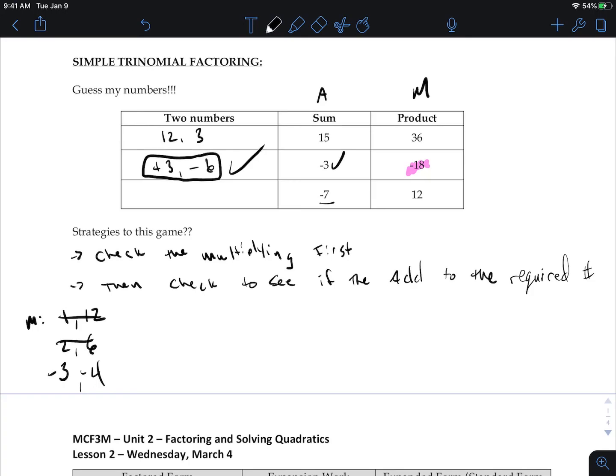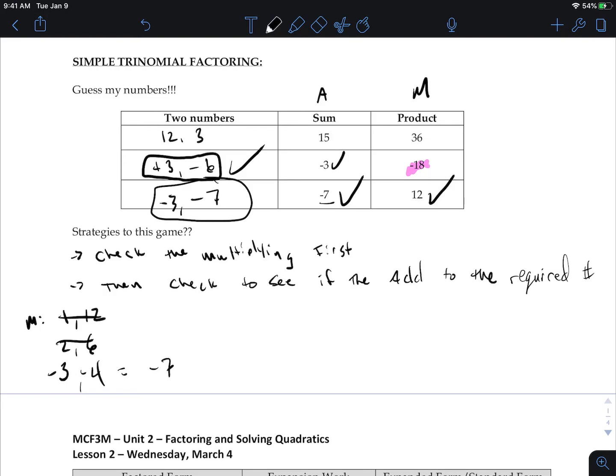Negative 3 times negative 4 gives me positive 12, and if I add them together, I get negative 7. So there you go. That takes care of that. So your factors are negative 3 and negative 4. Make sense?